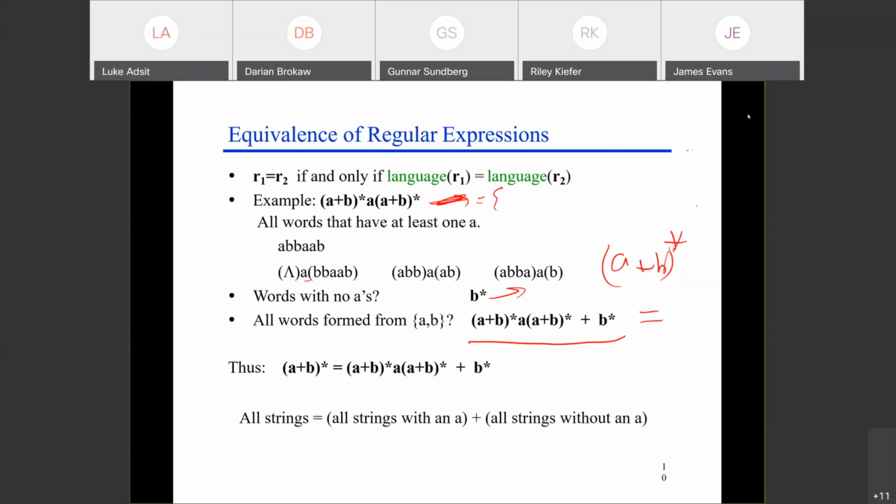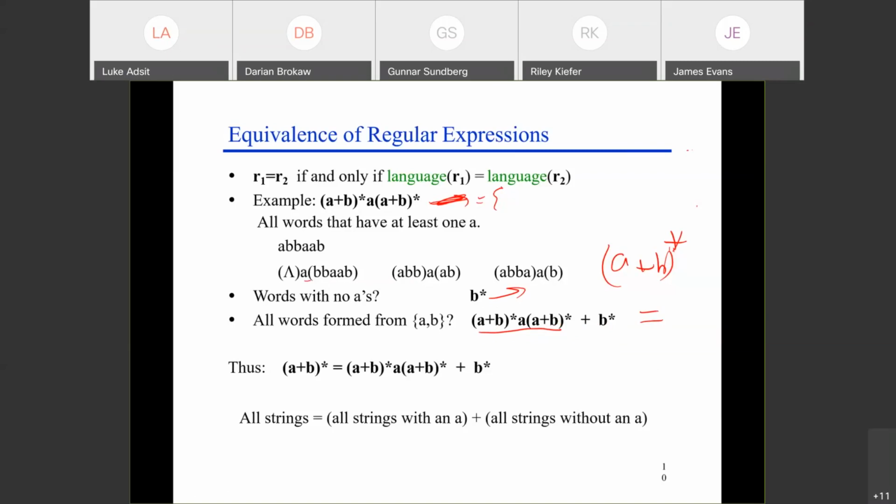The question is this: can we get lambda with this regular expression or not? Yes, because of the B star. So how do we get lambda from B star? Yeah, and the plus is like an or, so you can just have what's on the right side.